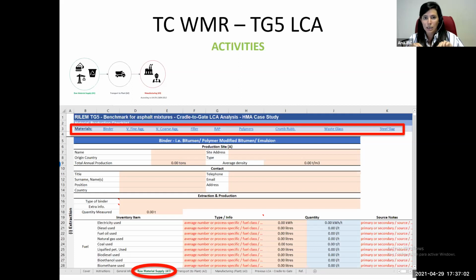Okay, this is probably the most difficult part when doing LCA for asphalt mixtures. Why? Because we are not binder producers or aggregates producers, so it's not easy to get it. Okay, what do we usually do? We use databases. Now there's the LCI for bitumen from Eurobitume, or data that we find in literature or other reports.